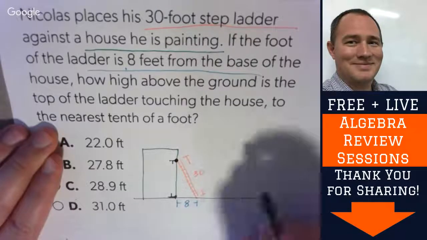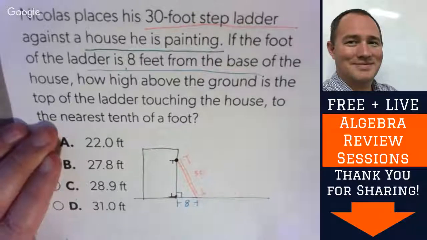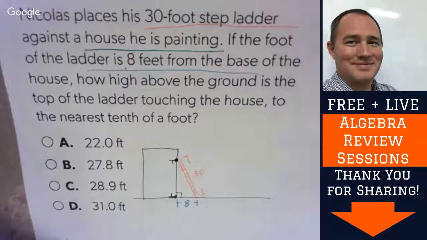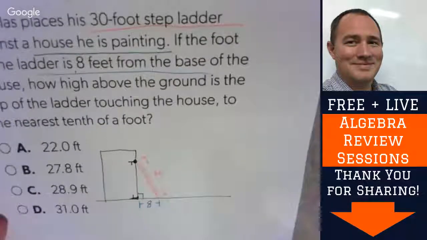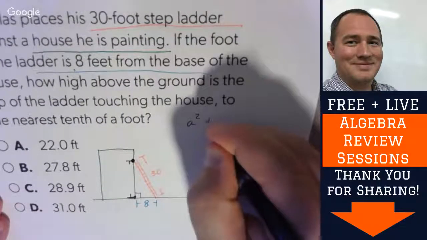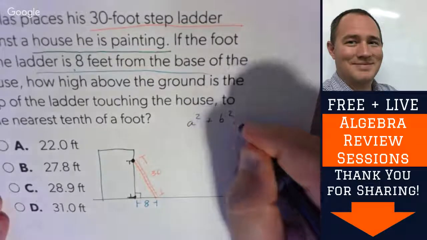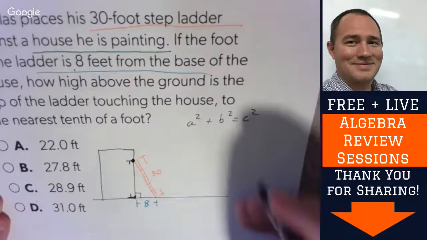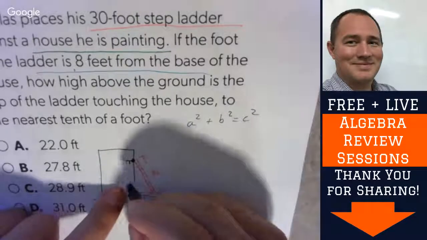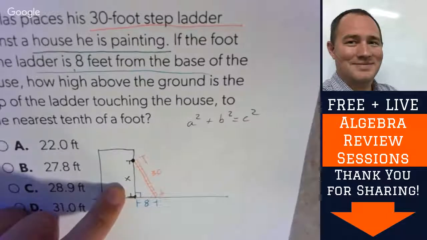So how do we find that out? Well, we know this is a right angle, and we have measures of 2 of our 3 sides of a triangle. We can use the Pythagorean theorem. Let's write that down over here. And let's stay with our colors here, right? So we want to know what this distance is. That's the unknown.